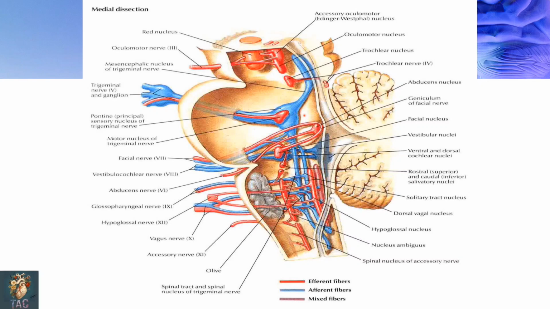And sensory nuclei are given the blue color, and the nuclei carrying the special visceral fibers are given a different color, which is a little bit maroonish or purplish in nature. So these are the different colors as well. These are showing you the mixed fibers. So red are the efferent or motor fibers, blue are afferent or sensory fibers, and mixed fibers are present like this nucleus, which is showing you the mixed fibers.